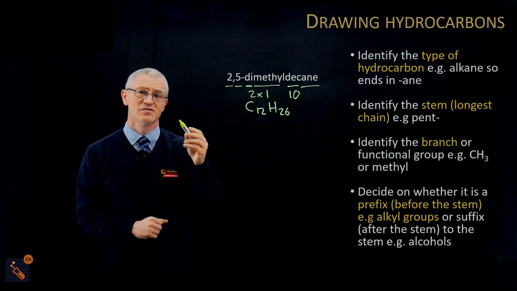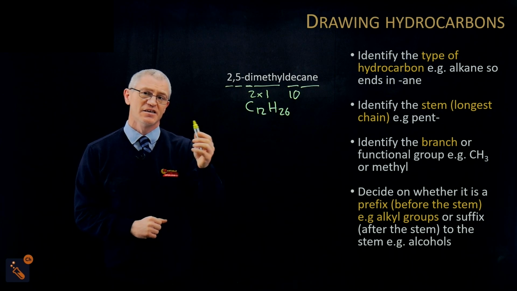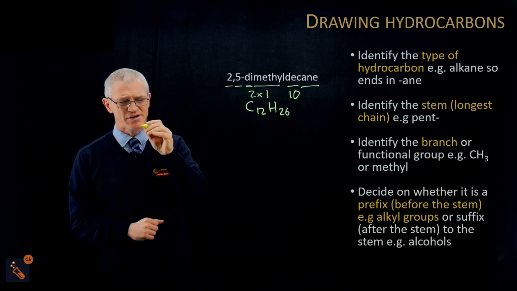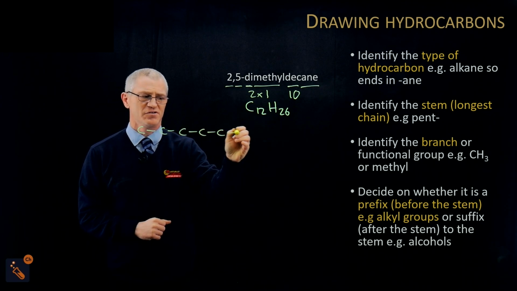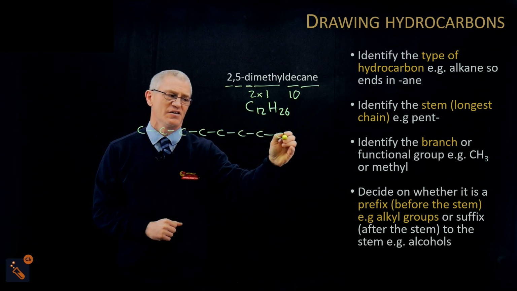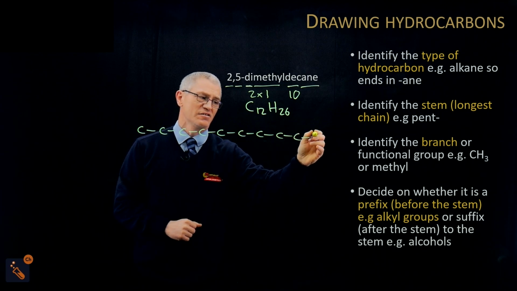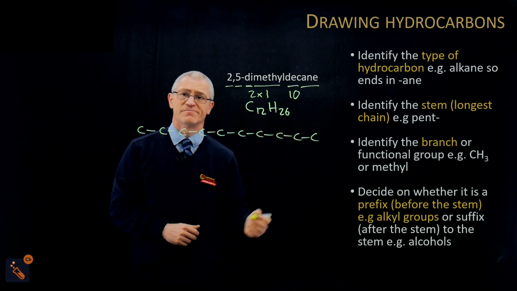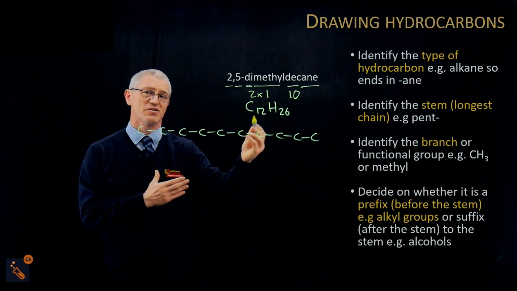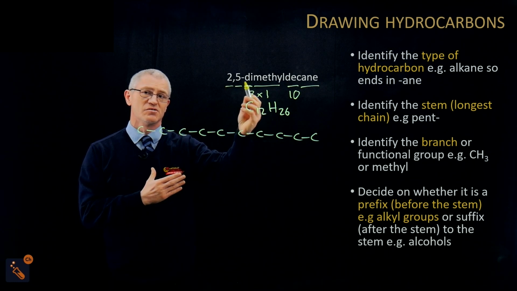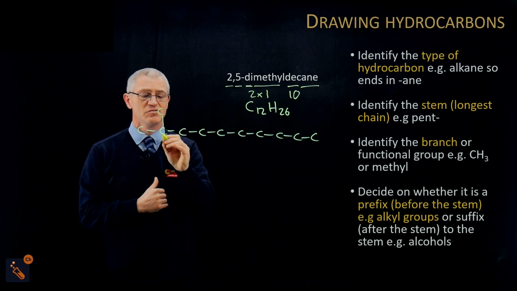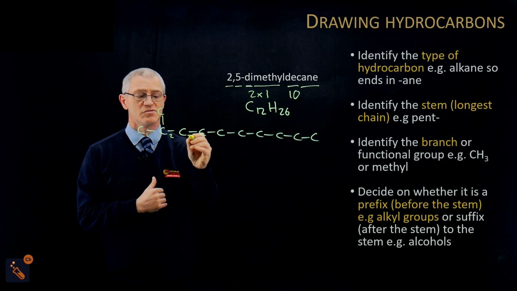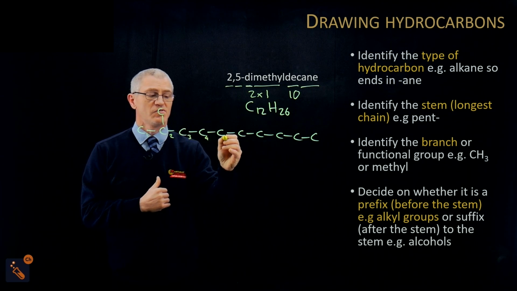Then let's think about this in displayed formula. 1, 2, 3, 4, 5, 6, 7, 8, 9, 10. And then we look at there and we go, right, we've got 2 and 5, so dimethyl. So there's number 2, there's a carbon coming off number 2, there's 1, 2, 3, 4, 5.